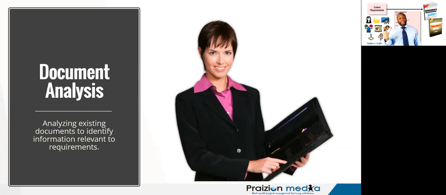It even had my head spinning, and I'm a business person. And they were telling me all the business rules that they had to code into the system. How did they know the business rules? By sitting down and doing a document analysis, analyzing existing documents to identify information relevant to requirements. Well, the baggage handlers belong to a union, and the union says X, Y, and Z. And here's the multiplication factor, and here are all the clauses. That's document analysis, my friends.